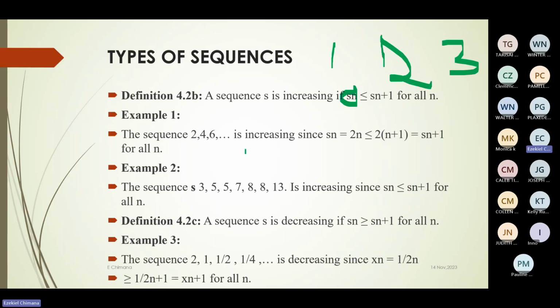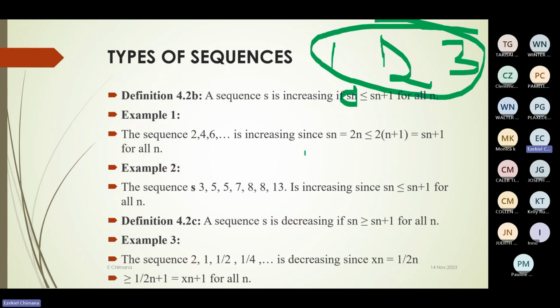That's what you call an increasing sequence. It's the same with a decreasing sequence. On a decreasing sequence, whenever you have Sn greater than or equal to Sn plus 1 for all n, it's the opposite of the increasing one.